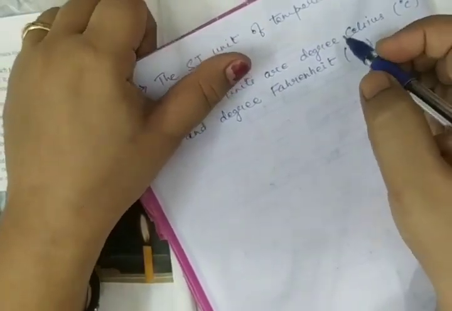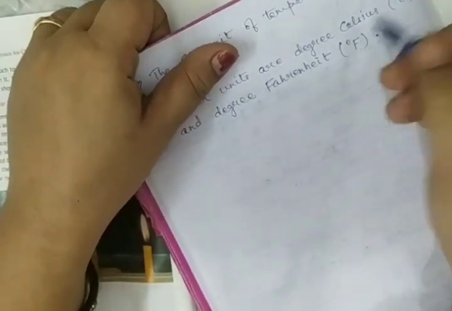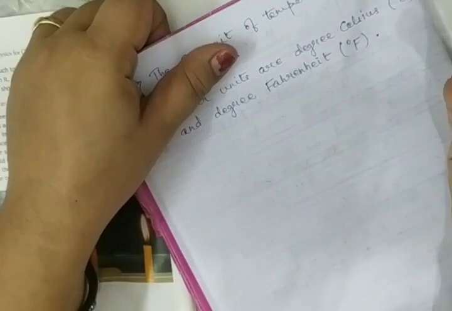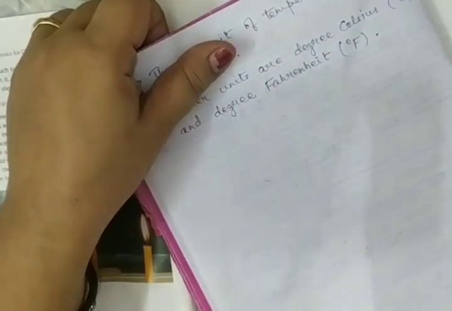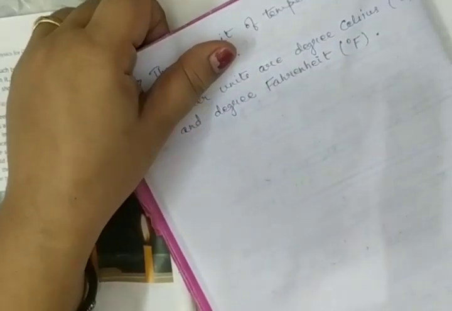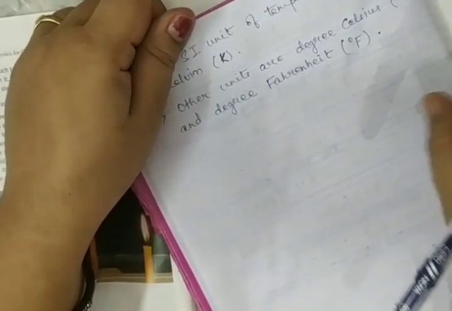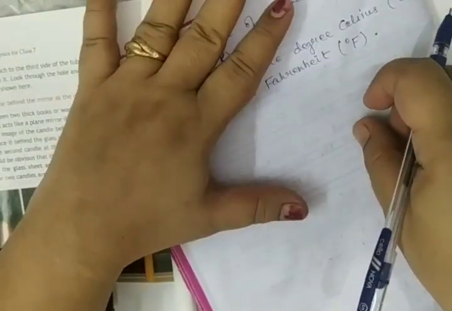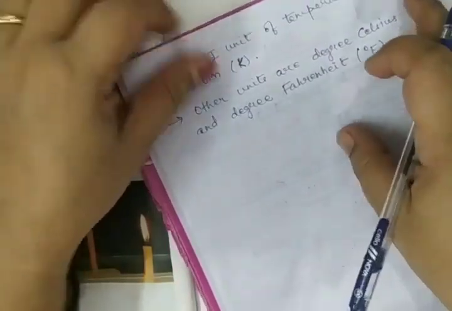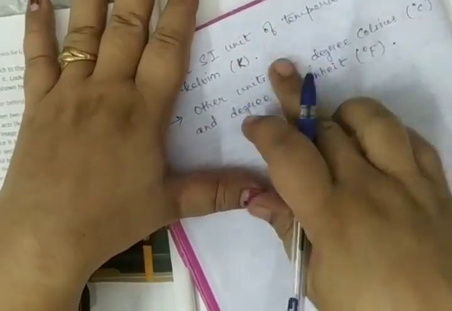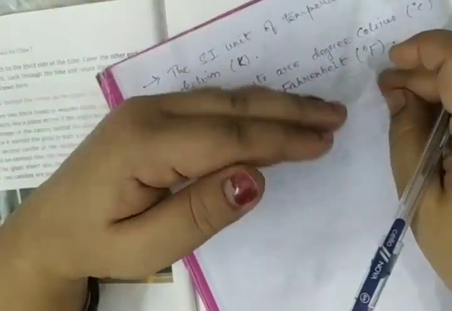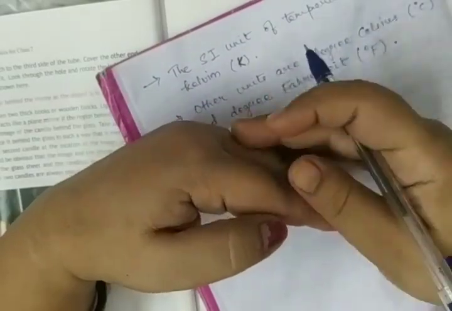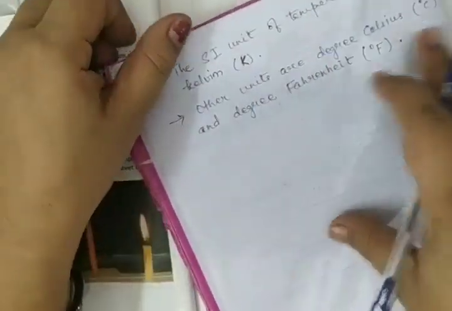And fever we commonly measure in degree Fahrenheit, but these days we have the electronic thermometers also, which measure in both degree Fahrenheit and degree Celsius. We'll be studying the thermometers later on. For now you have to know these units. So these are three units, and they have different scales also, that we'll be studying in the next lecture, right?